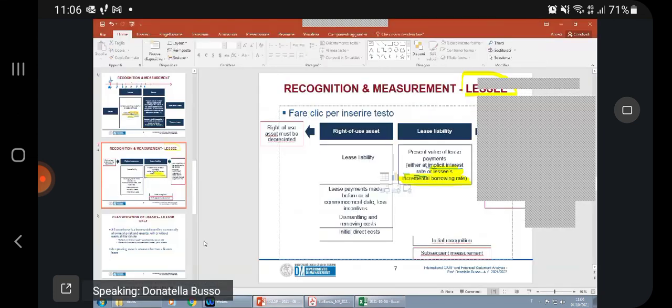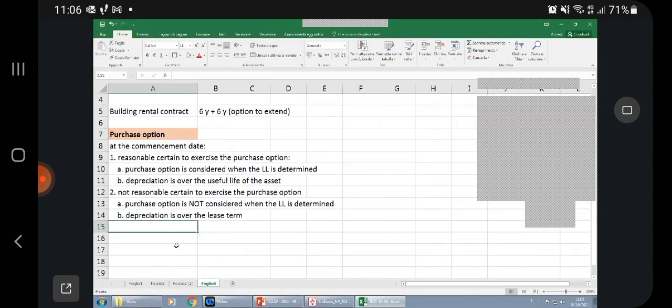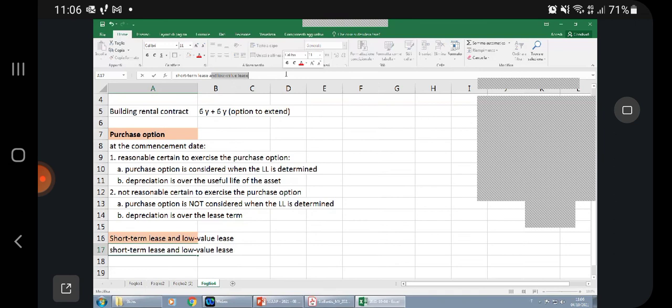So there is another thing that I would like to highlight, that are short-term leases and low-value leases. Short-term leases are leases with a lease term that is lower than 12 months.